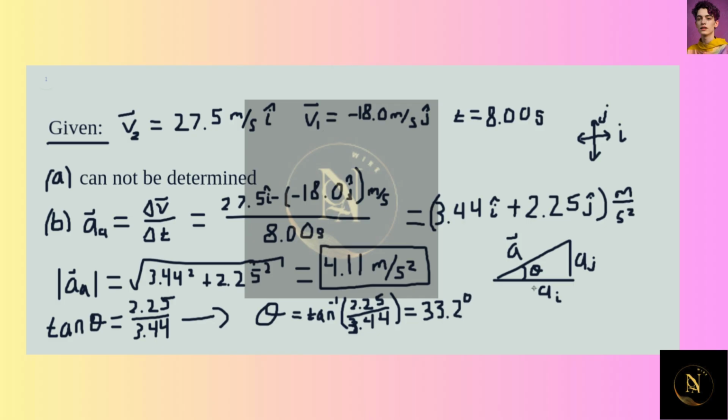Okay. And that is in the J hat direction relative to the I hat direction. Well, J hat, if you remember, represents north and south, so it's in the positive J hat direction, the positive north direction, and that's relative to the I hat direction, which is east. So this is north of east. So I just write N for north and E for east, north of east. Box that in as our direction.